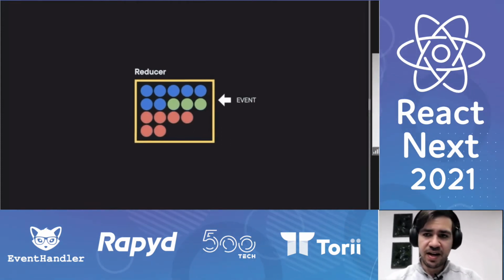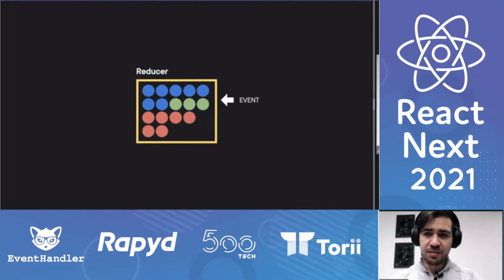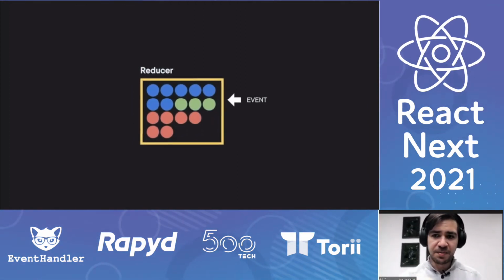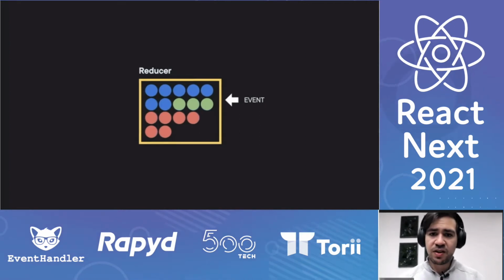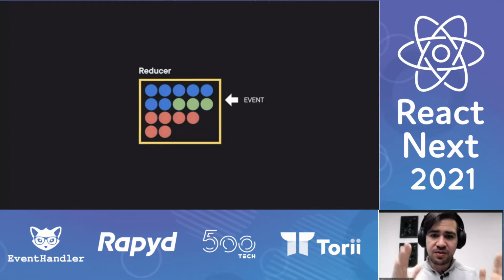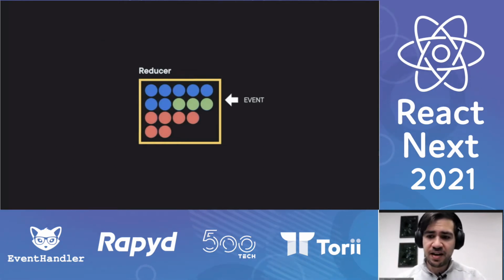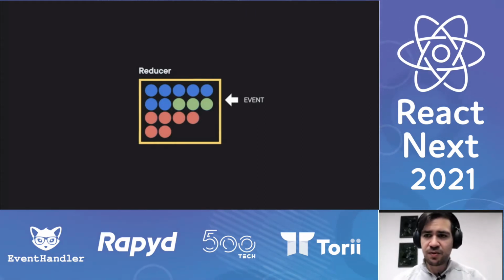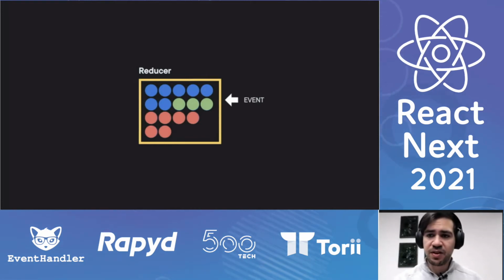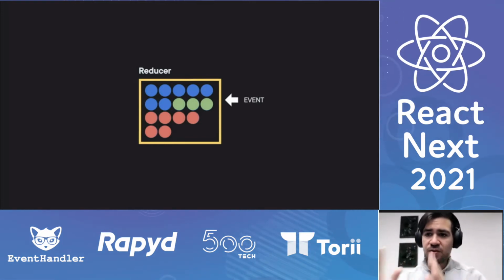However, the downside with this is that all of the states in the reducer, all of that data is combined, and there's no clear notion of the app behaving differently. There's no distinction between the different behaviors an app can have. And by behaviors, I mean just the different states. So for example, your app can be loading, you could be on a dashboard screen, or you could be in a certain step in a multi-step form.